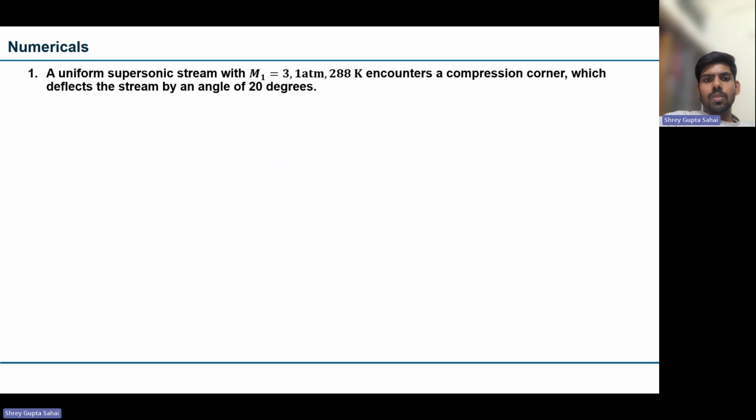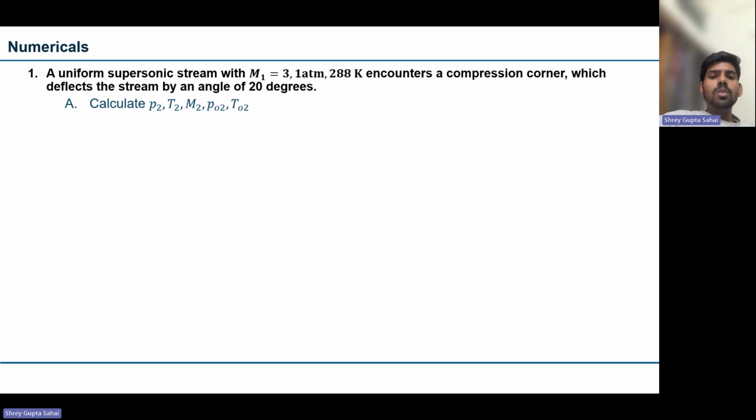Calculate, now, A, this is the first part. Calculate P2, the static pressure behind the shock, the static temperature behind the shock, the Mach number behind the shock, and the total conditions behind the shock.